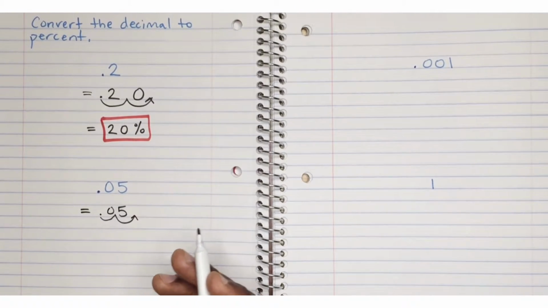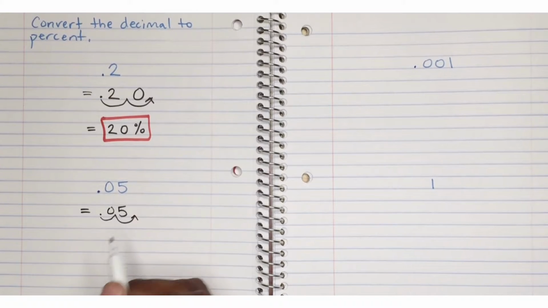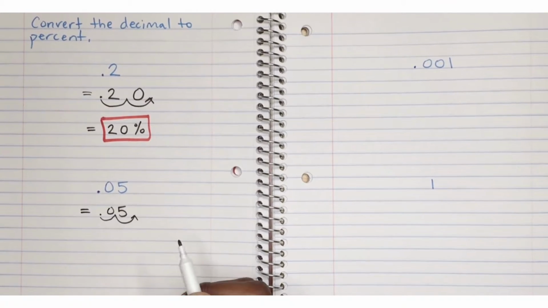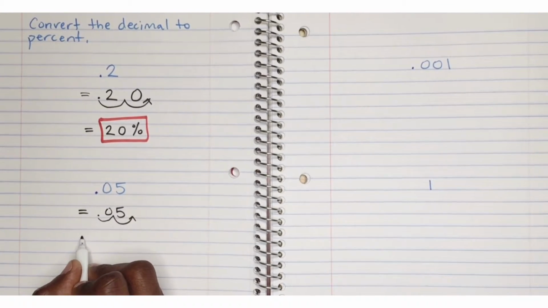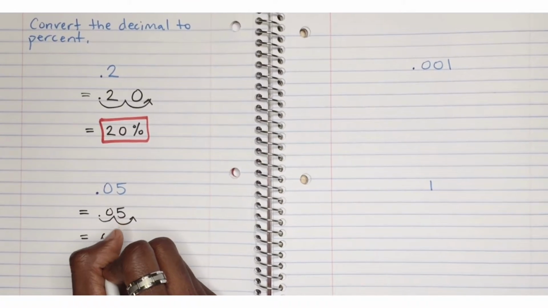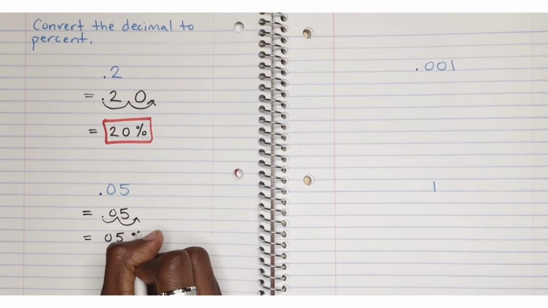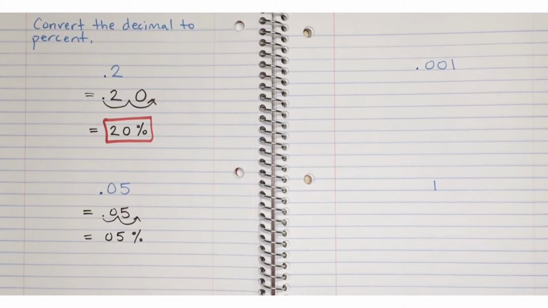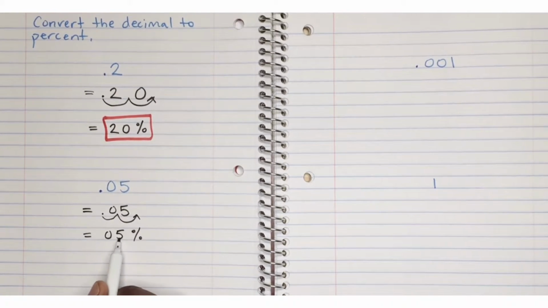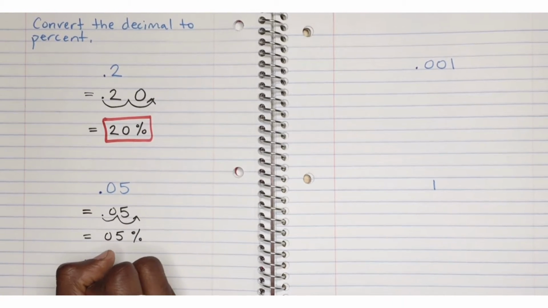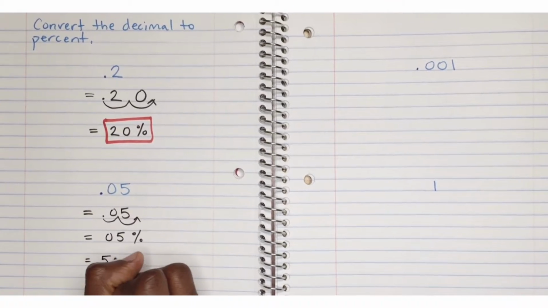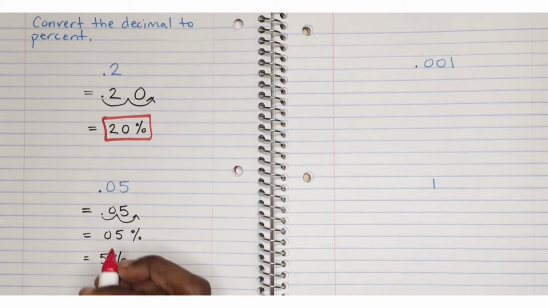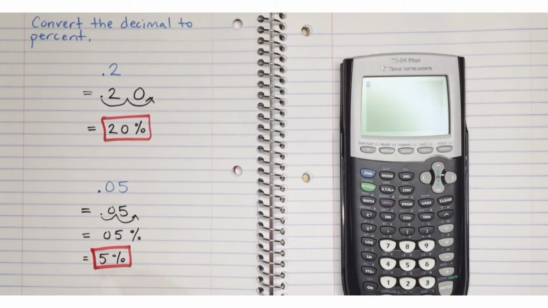So all we have to do now is replace what would be the decimal sign over here with a percent sign. So we're going to go equals 0.5%. And of course, 0.5% is the same thing as saying 5%. And that is your answer.